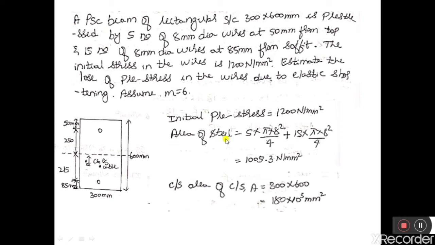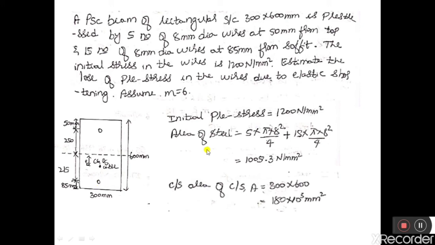So area of steel is equal to 5 numbers of wires and the diameter of each wire is 8, so 5 into pi into 8 square by 4, plus 50 number of wires and the diameter of each wire is 8 mm, so the area of this bottom cable.